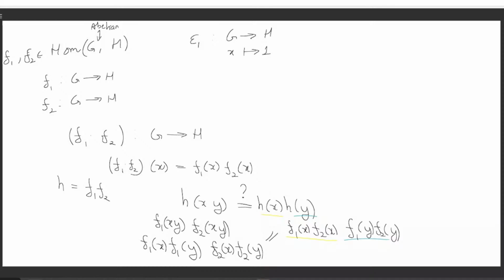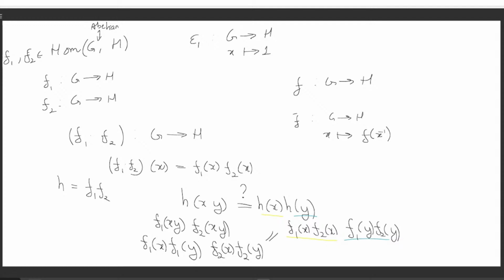And the inverse? What is the inverse? If you have f from G to H, I'll define f bar as x maps to f(x) inverse. Is that a homomorphism? You know that the mapping of an element to its inverse is an endomorphism of an abelian group.